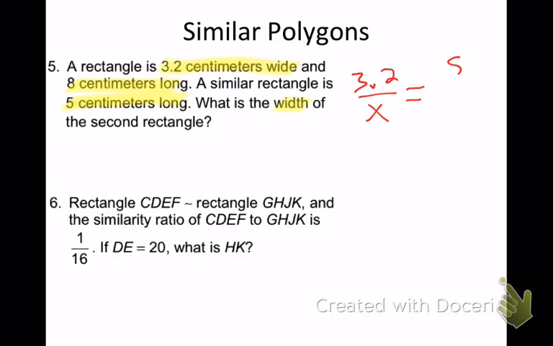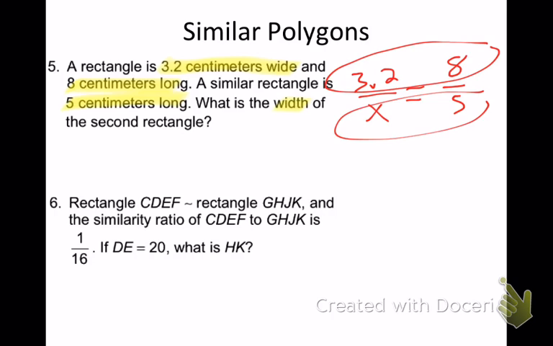So you did 3.2 over x equals 8 over 5. So notice he had his widths over here, and then his lengths over here. Okay, he had the two rectangles. These were together, and these were together. So they're all paired up.